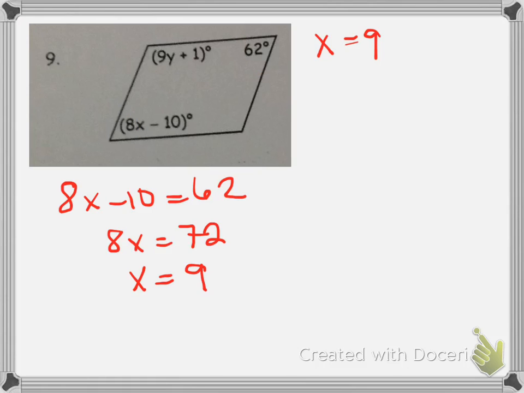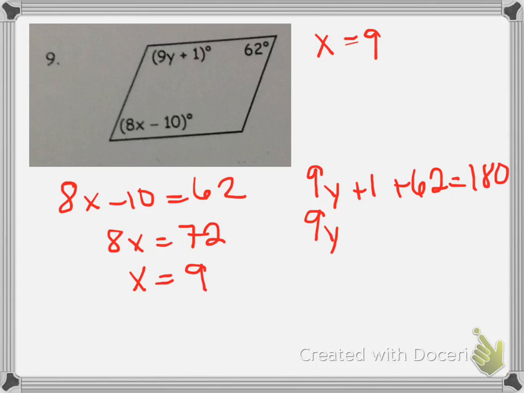We also know that these two angles right here are supplementary. Okay? So let's state that differently, make it easier: these two angles right here are supplementary. So that means we have 9y plus 1 plus 62 equals 180.